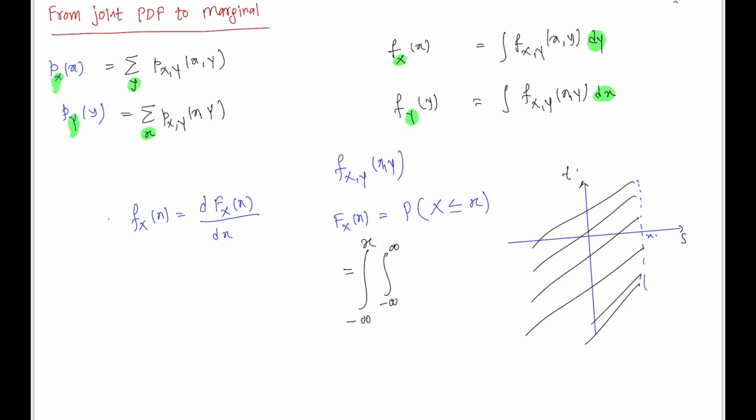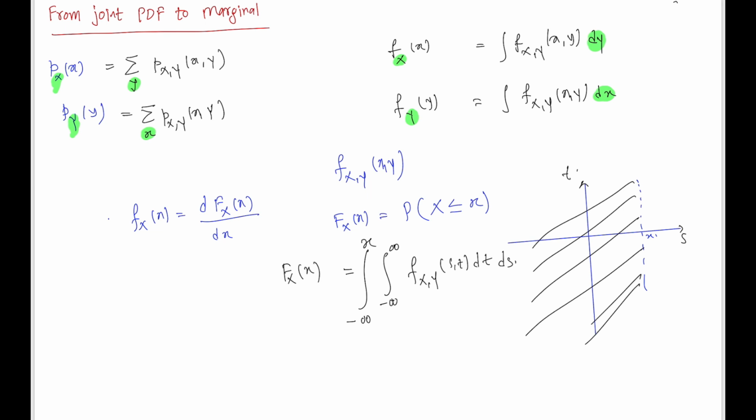We are going to do this double integration over this joint PDF. Now we will be using the variables s comma t, and here we will have dt and ds. So this is the CDF.